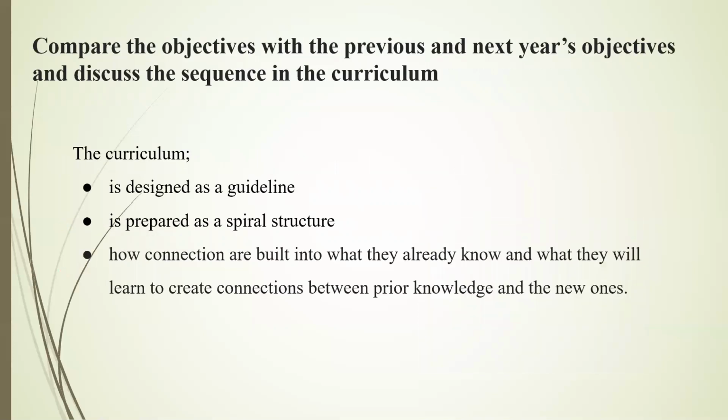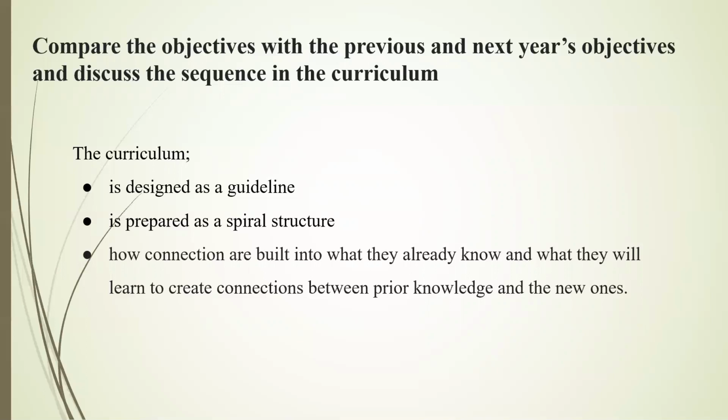In this part, we mention the comparison of objectives with previous and next years' objectives. We all know that most of the topics are divided into some subtopics at different levels in the curriculum because the curriculum is designed as a guideline that tells us which level of knowledge should be taught at that grade level.